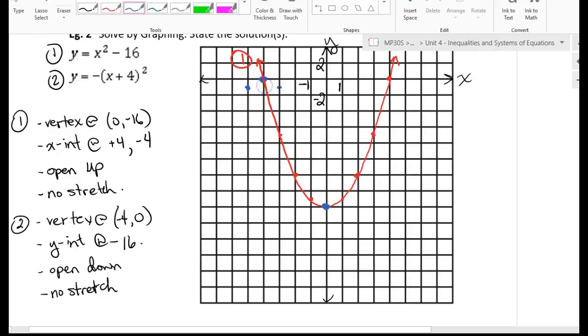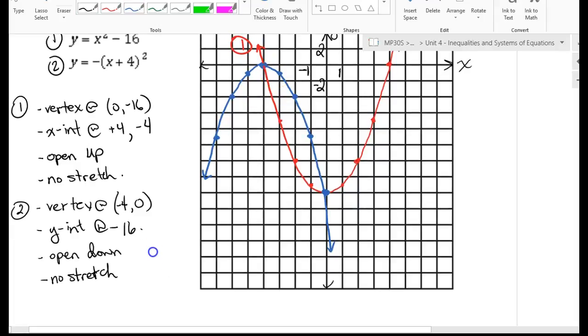So again, over 1, down 1, over 2, down 4, over 3, down 9. I have these points defined here. So by filling in my curve like this, I'm able to easily define where my 2 points are crossing, which is great.